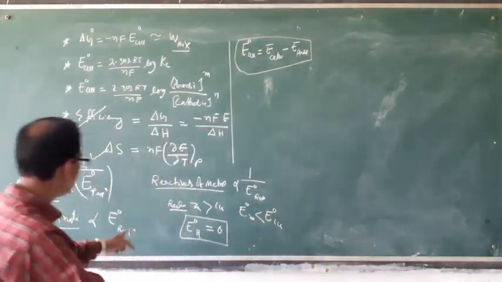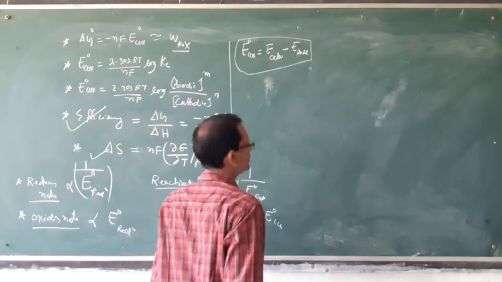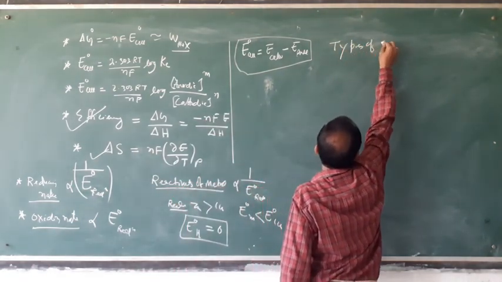This principle we already discussed. We can use it. So this is regarding the different electrode potentials. Then types of cells, their reactions, types of batteries, that is also important.